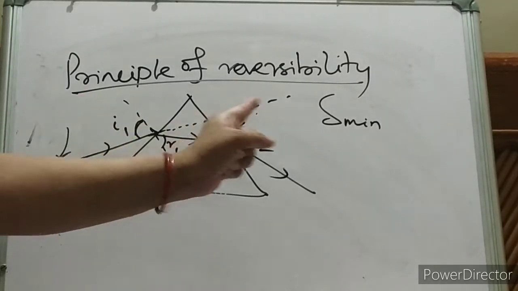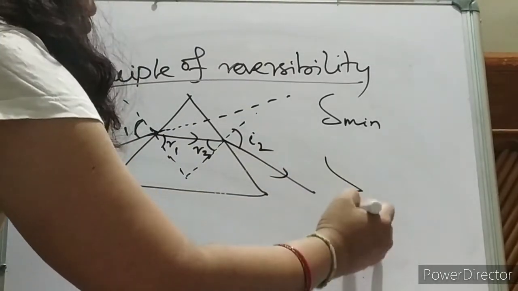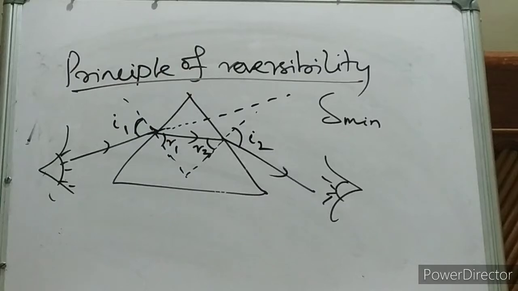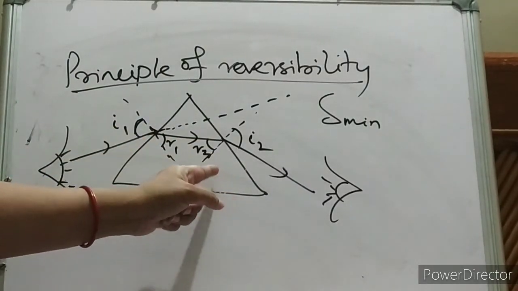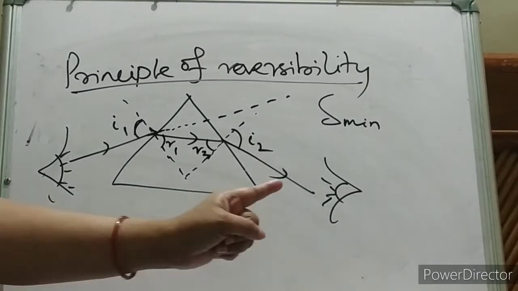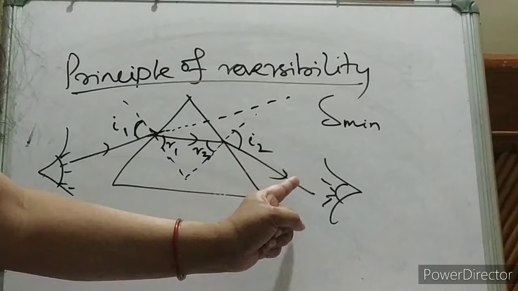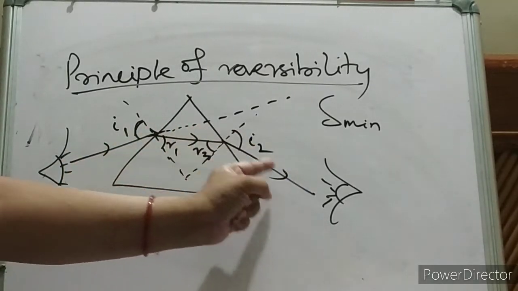So there has to be one delta minimum. Now suppose you are over here. So for you, now this is your angle of incidence. So when we reverse the light ray at 180 degrees, it will follow the same path on which it has come.